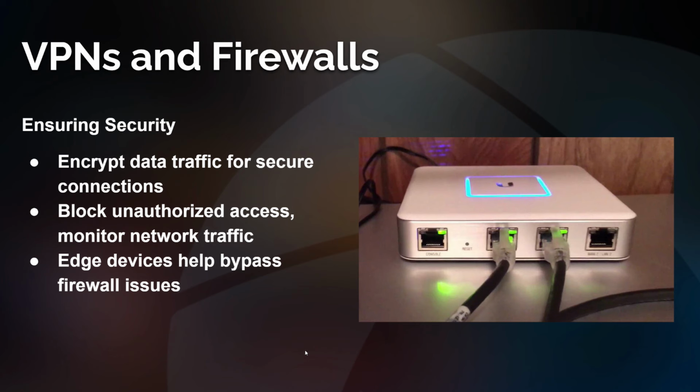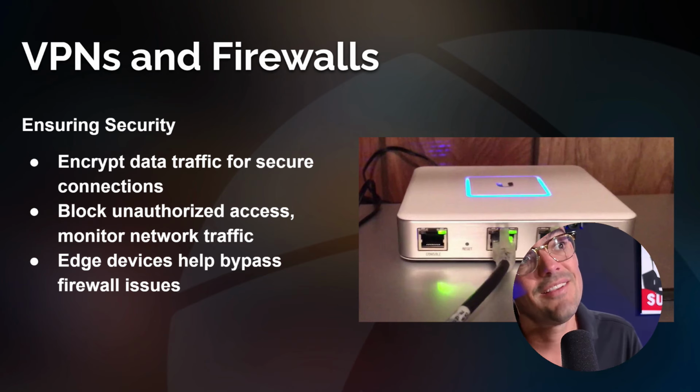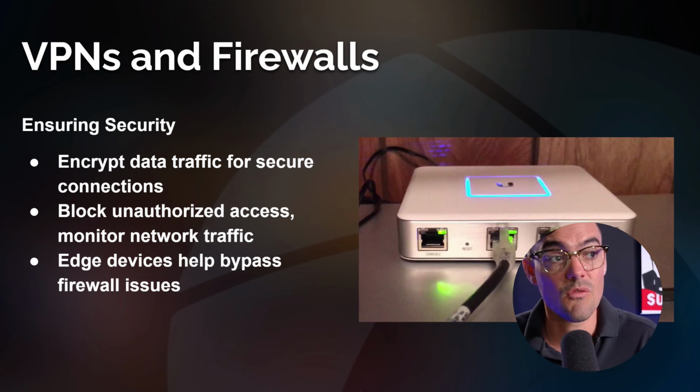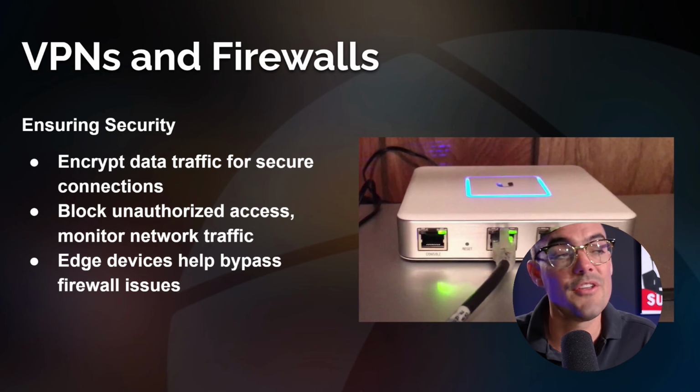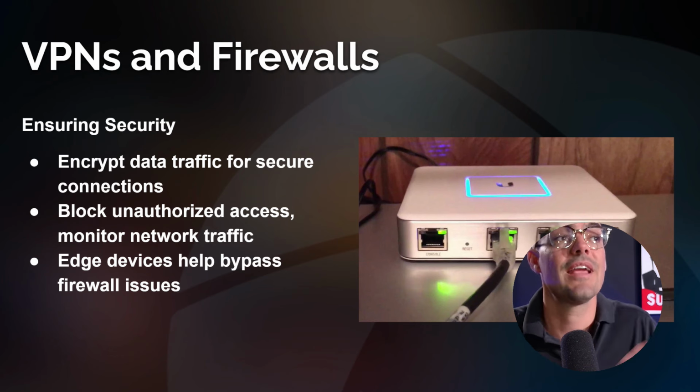Now, another thing to understand is VPNs and firewalls. VPNs are virtual private networks that we talked about, and firewalls are used to block unauthorized access into your network. In some cases, firewalls can block some of the things we're trying to do in our remote productions. We'll need to work with an IT manager to make sure that we have authorized our specific devices to get through the firewall, because we are trying to get up to the cloud, right?